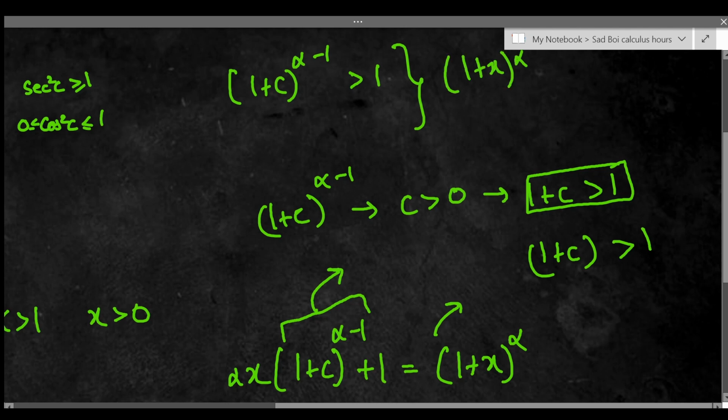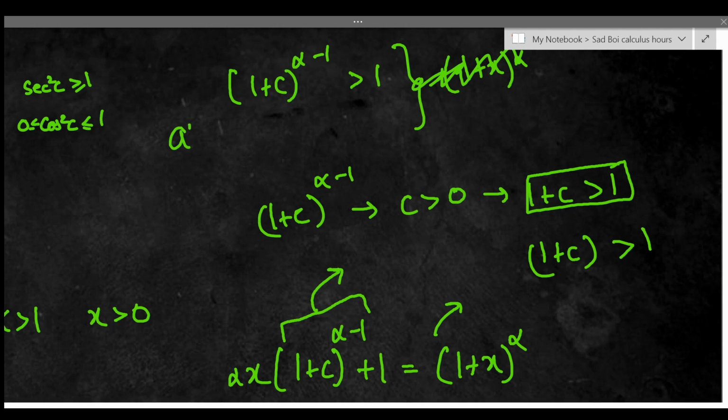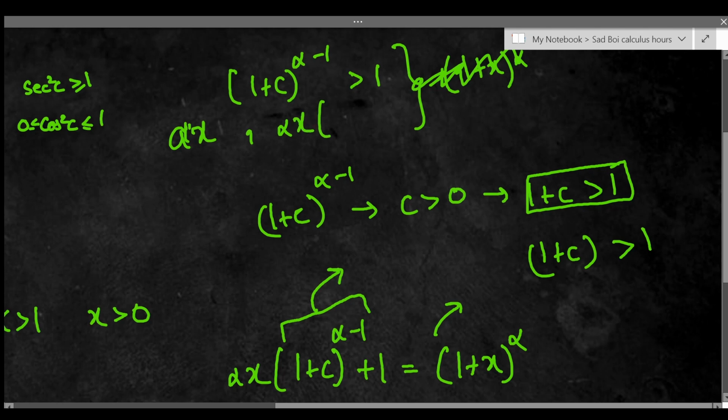So let's just do it some other way. We know the substitution way. What's the other way that we can do it? Well, basically, consider you have alpha x and alpha x times (1 plus c)^(alpha minus 1). You know that (1 plus c)^(alpha minus 1) is greater than 1.